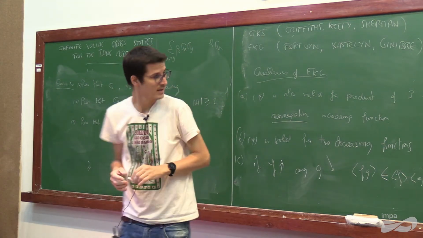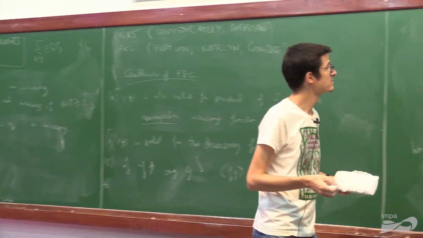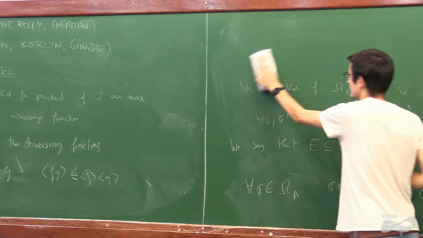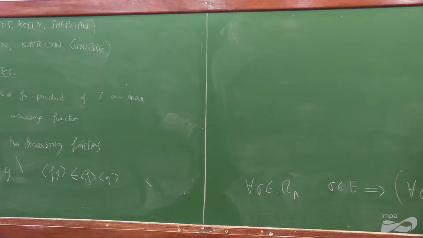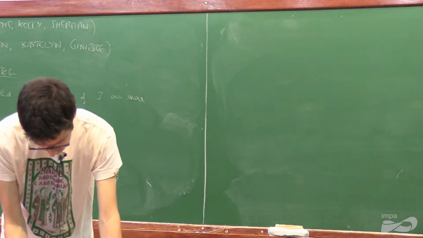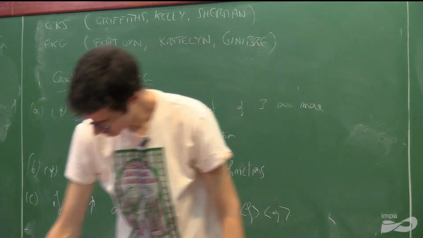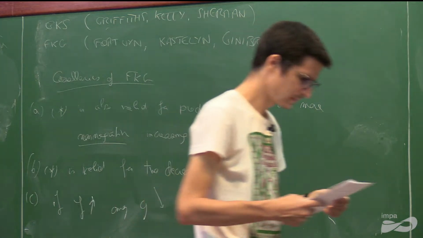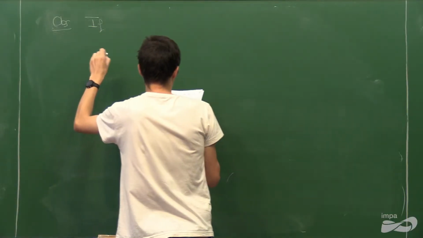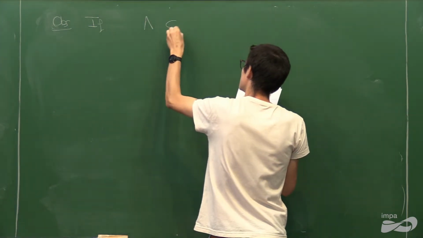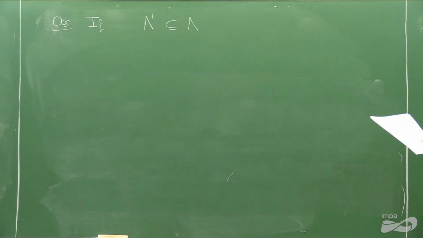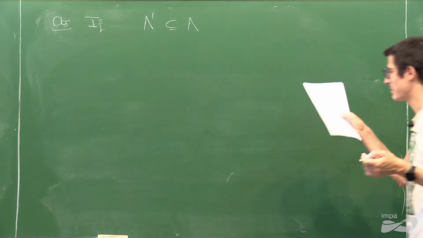This should be clear if I write this. If I have two boxes, lambda prime is a sub-box of lambda, two sets, lambda prime is a subset of lambda.